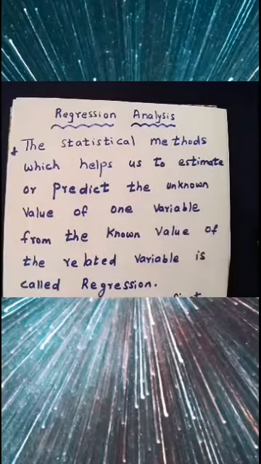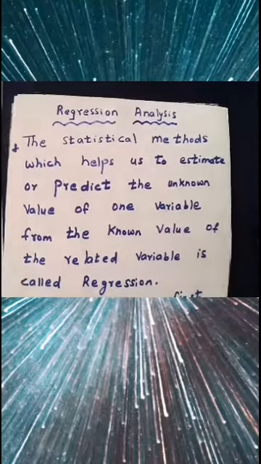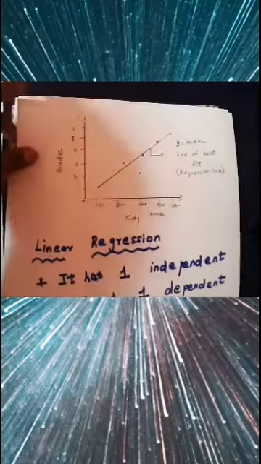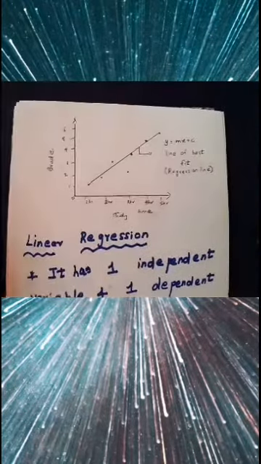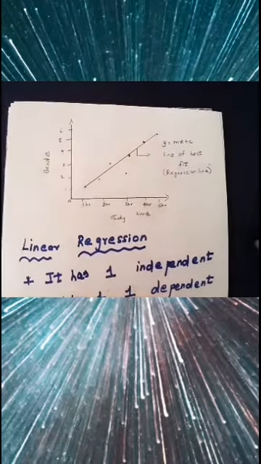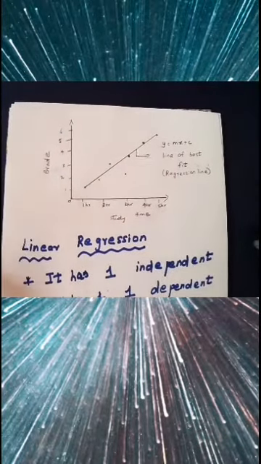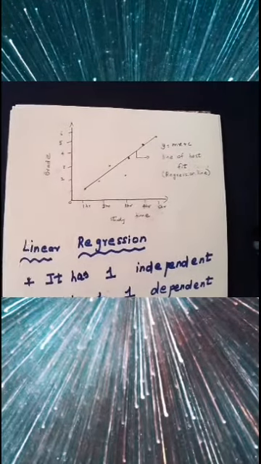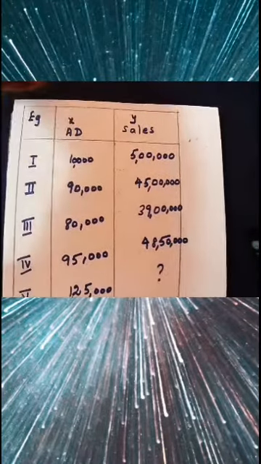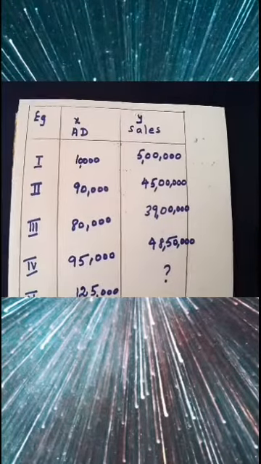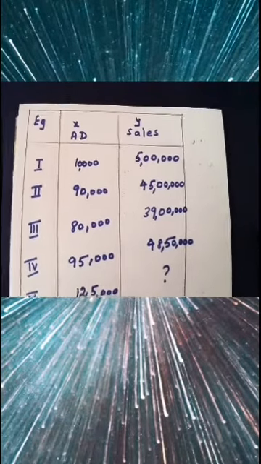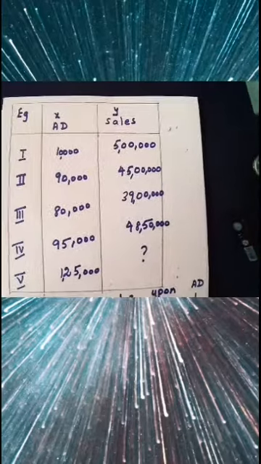Right, students? This is the graph. The line of best fit is called the linear regression or regression line. Then we also discussed about the sales and advertisement. This is a practical example of regression analysis.